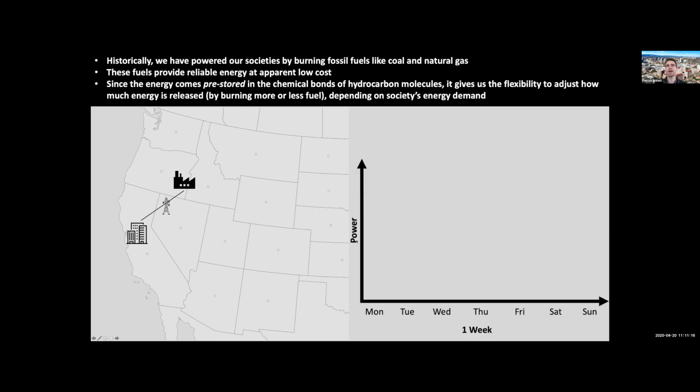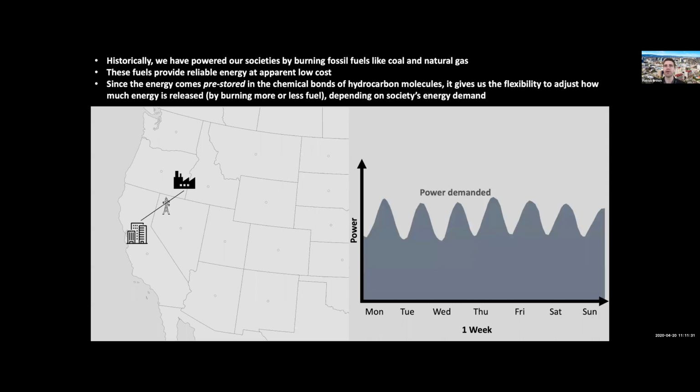And so if we think about our power demanded, so this would be like just one typical week, our demand for power from society, they kind of just showed it in the video. It has this kind of daily cycle where essentially each evening is when our demand peaks.